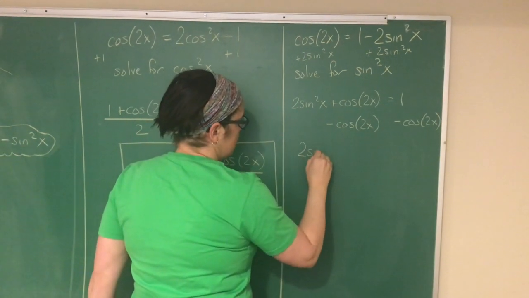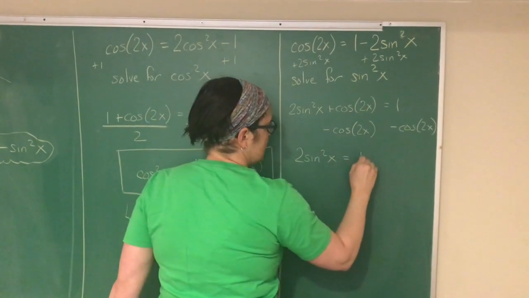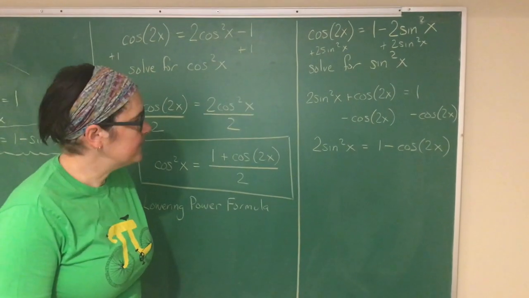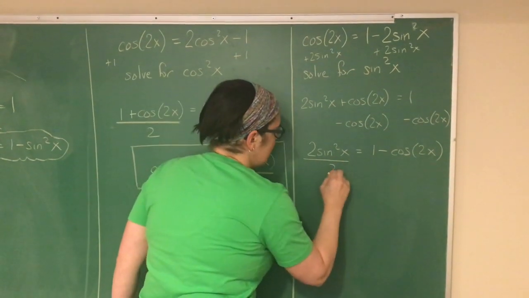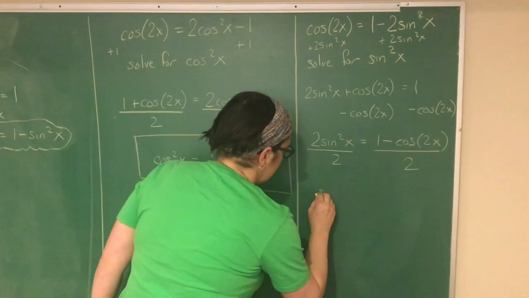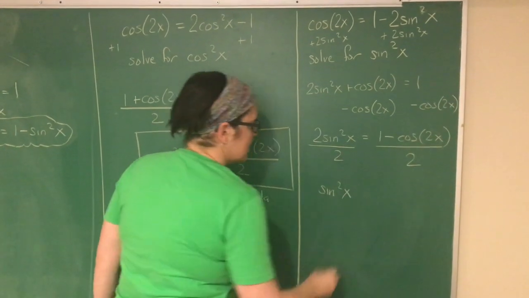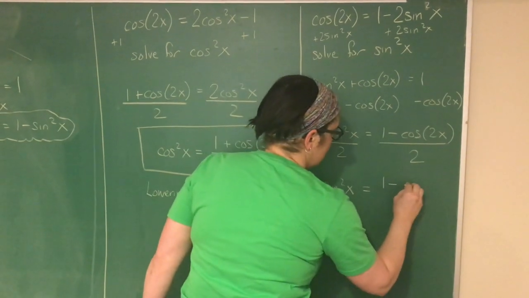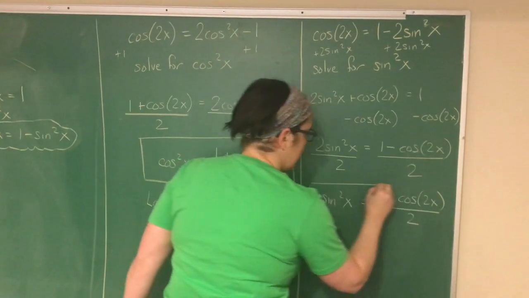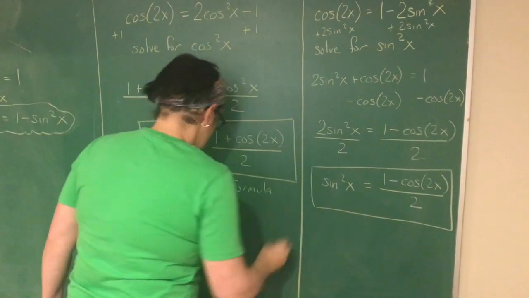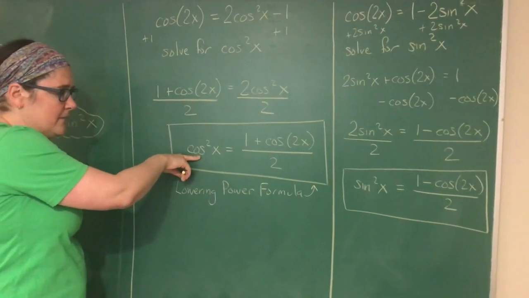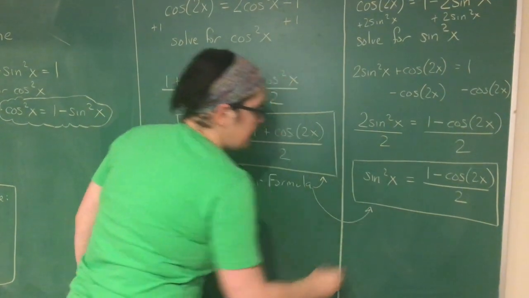And so I have 2 times sine squared x is equal to 1 minus cosine of 2x. Then I'm going to divide both sides by 2. And what that leaves me with is sine squared x is equal to 1 minus cosine of 2x divided by 2. And so we have one lowering power formula for cosine squared, and one for sine squared.